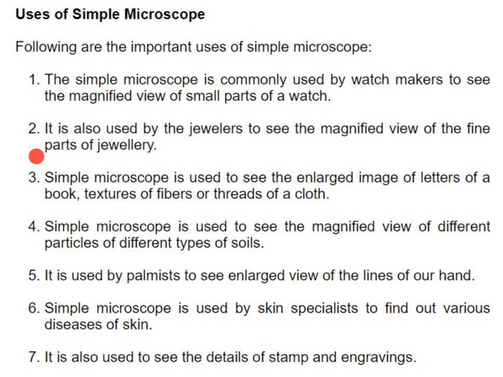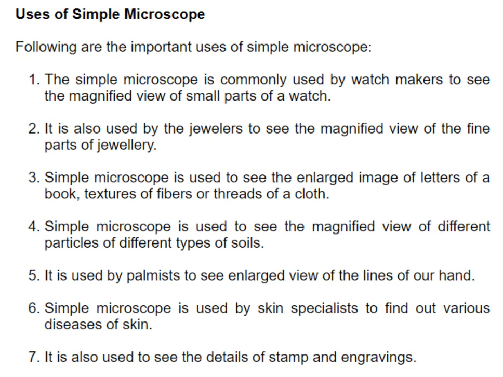Second, it is also used by jewelers to see the magnified view of the fine parts of jewelry. Third, the simple microscope is used to see the enlarged image of letters of a book, texture of fibers or threads of a cloth.